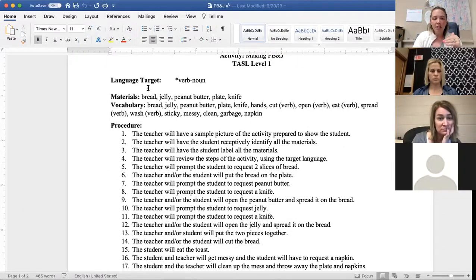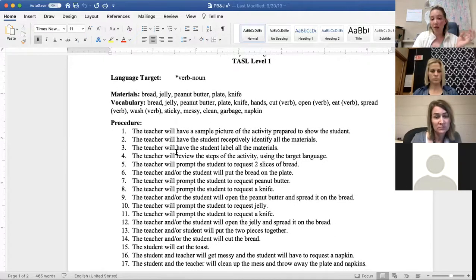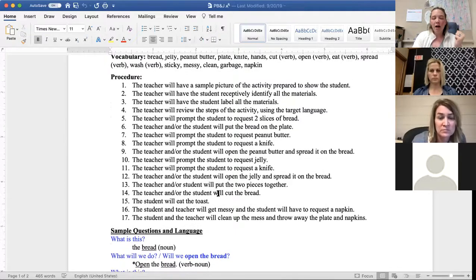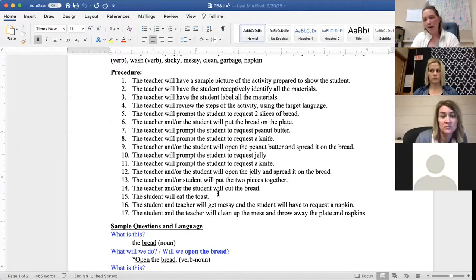So you can see here in the vocabulary, I labeled the verbs that we were doing, because that was something we needed. So the procedures, very syntax, they need to label everything.